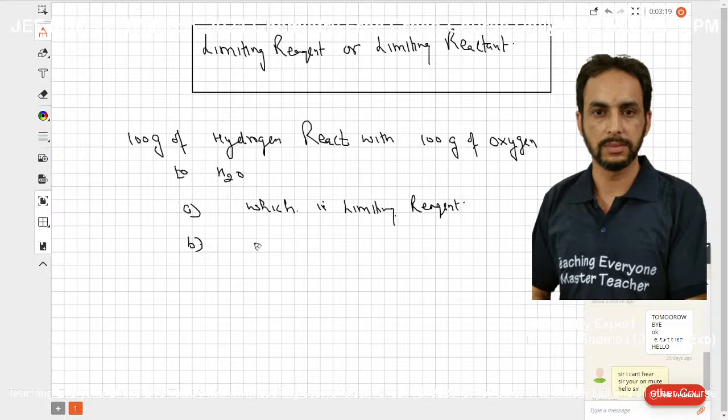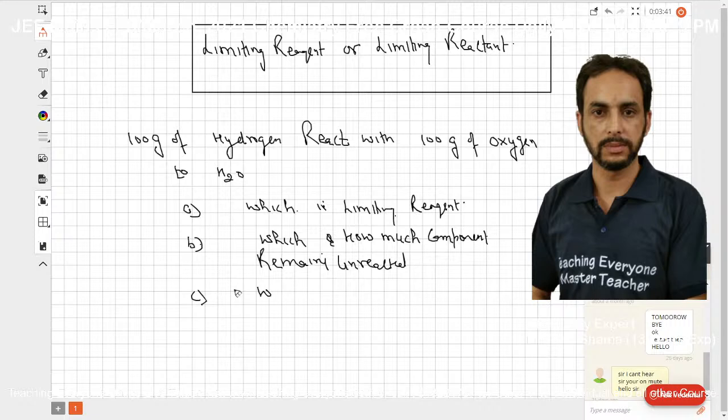Second one is, which component and how much of it remains unreacted? And third part is, how much water will be formed?